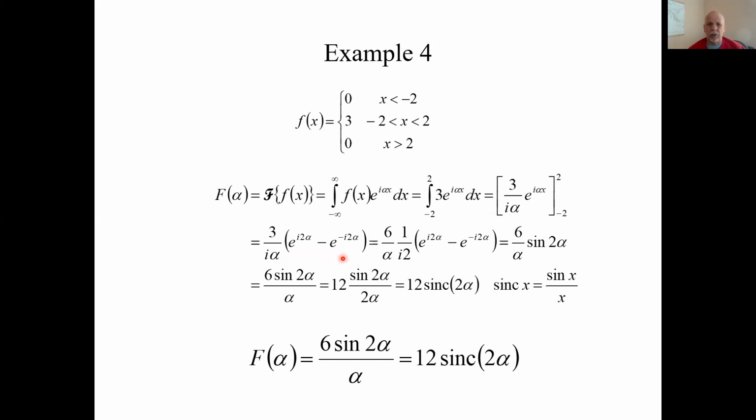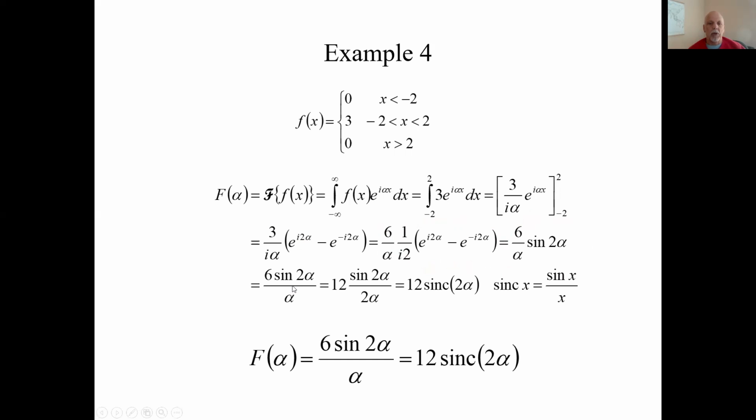If you get used to Euler's formula, you'll recognize this as almost a sine of 2 alpha if I just divide it by 2i. So I'll pull out an i, multiply by 2 here, and multiply by 2 in the numerator, so from 3 to 6. Now this part here is just sine of 2 alpha. So here's the answer in simplified form. I can go one step further.